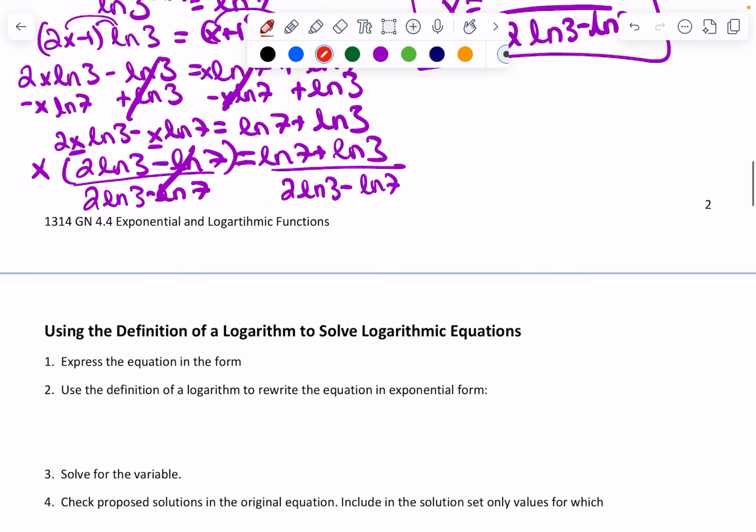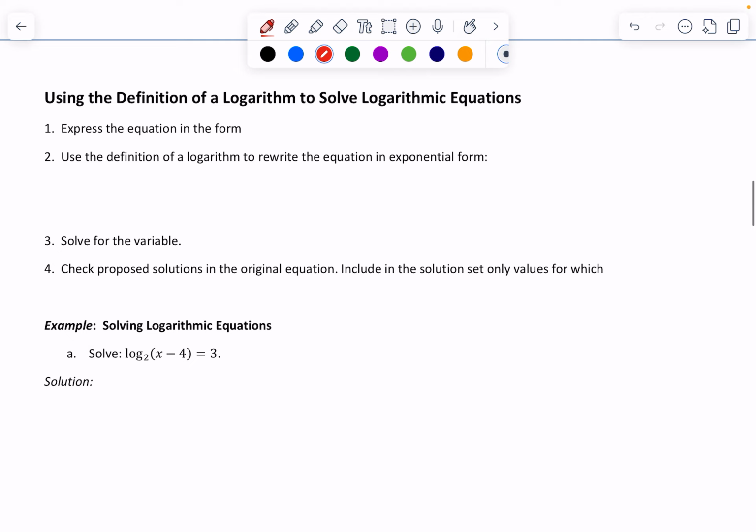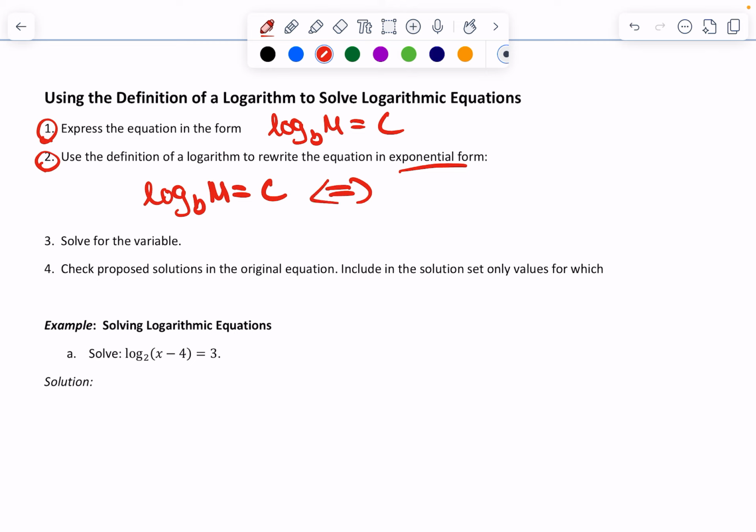Okay, next we're going to use the definition of log to solve log equations. So step 1 is to express the equation in the form log with base b of m equals c. Then we're going to use the definition of a log to rewrite the equation in exponential form. So if we have log with base b of m equals c, we know that the base is the base for the exponential.